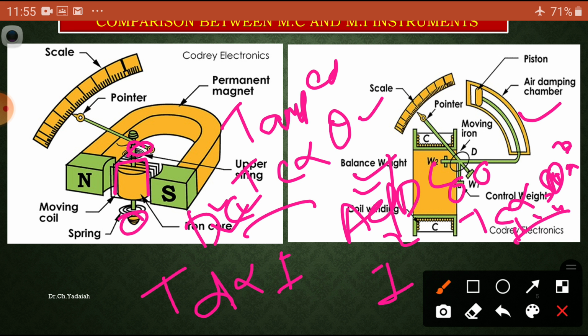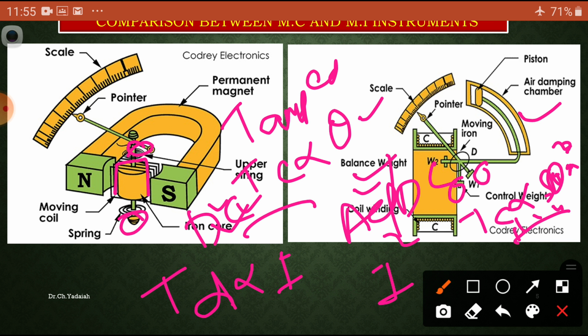Inside a moving coil instrument there is a U-shaped magnet, whereas in a moving iron instrument there is a zigzag coil and an iron piece. The scale is also uniform or not uniform. Remember these differences lifelong, to use the right meters for your measuring applications. This is a simple comparison between moving coil and moving iron instruments.